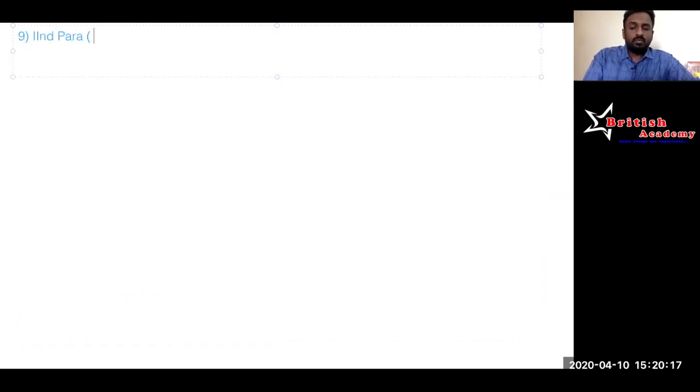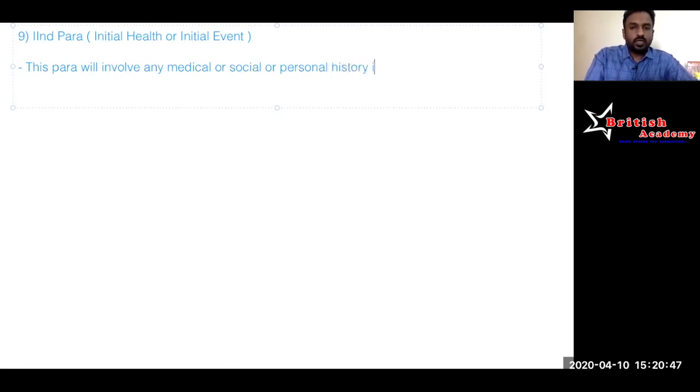The second paragraph is called initial health, or I can call it initial event. Please understand, initial health or initial event means this para will involve any medical or social or personal history of the patient, any event which is related to the current diagnosis.